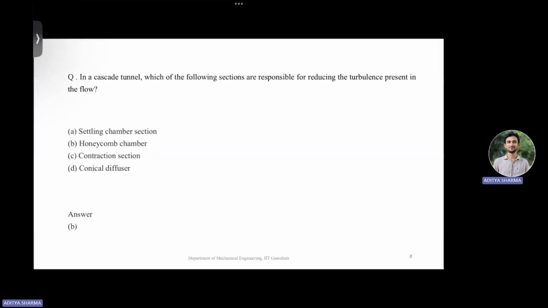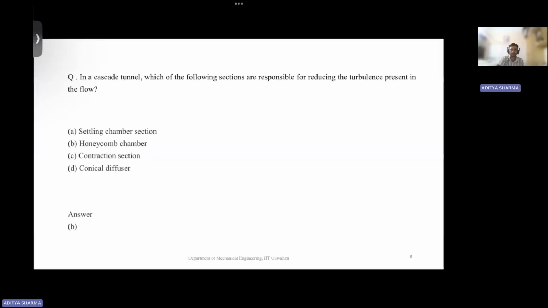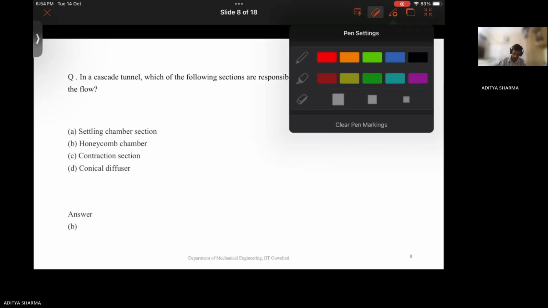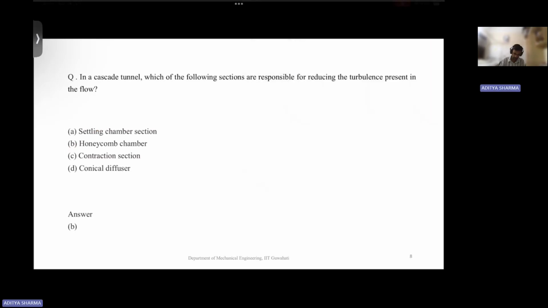So this is the question that we are discussing. In a cascade tunnel, which of the following sections is responsible for reducing the turbulence present in the flow? The answer to this question is honeycomb. It's the honeycomb chamber.